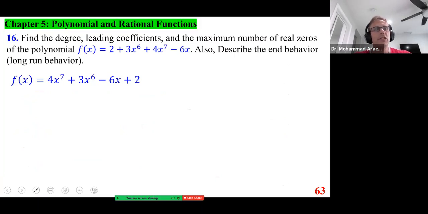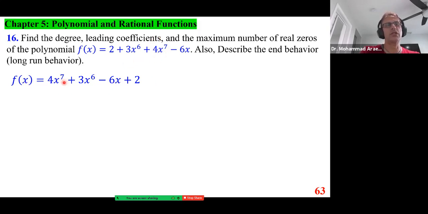We want to find the degree, leading coefficient, and the maximum number of real zeros for this function. So what do we do? Well, first and foremost, we have to put that in descending order to make a decision. So when we put it in descending order, this comes first.